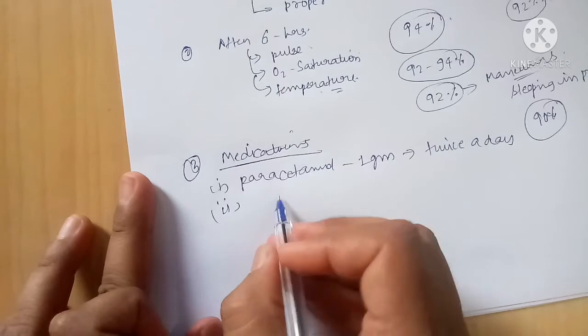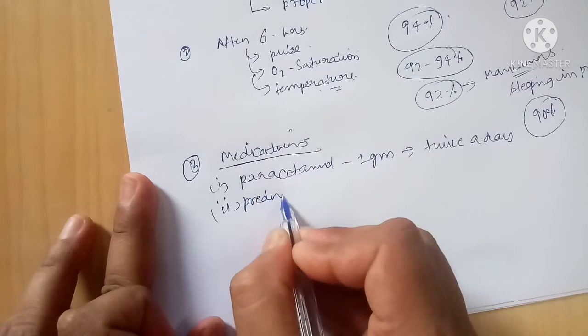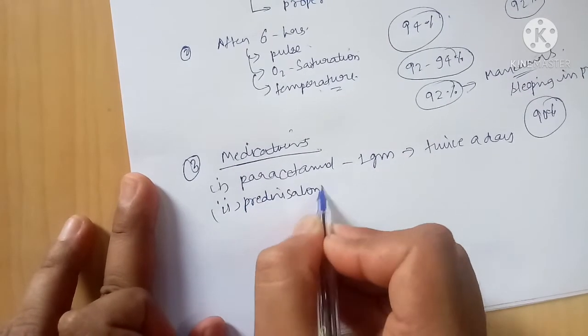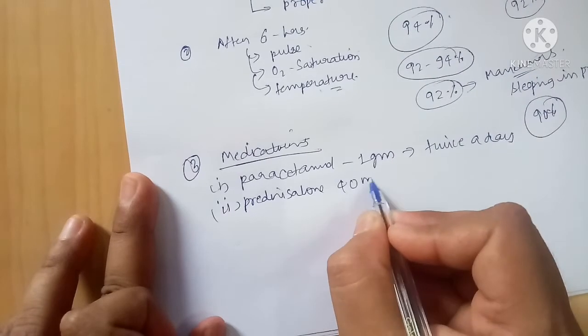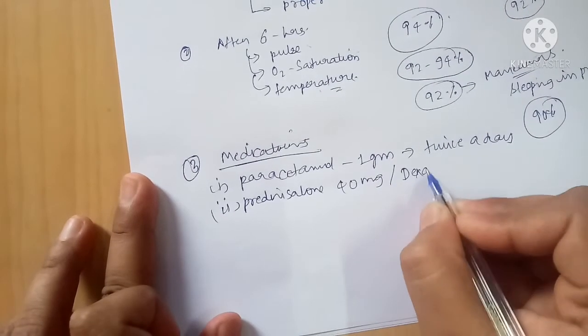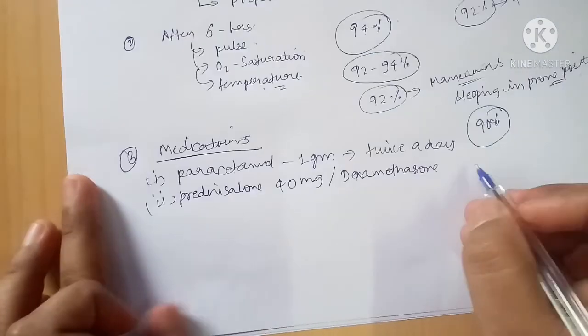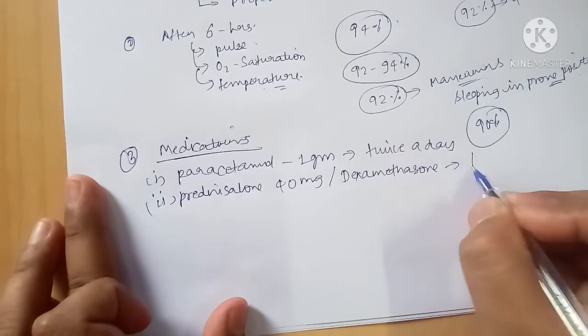Second is a steroid like prednisolone, which is 40 milligram, or we can use dexamethasone, twice a day.